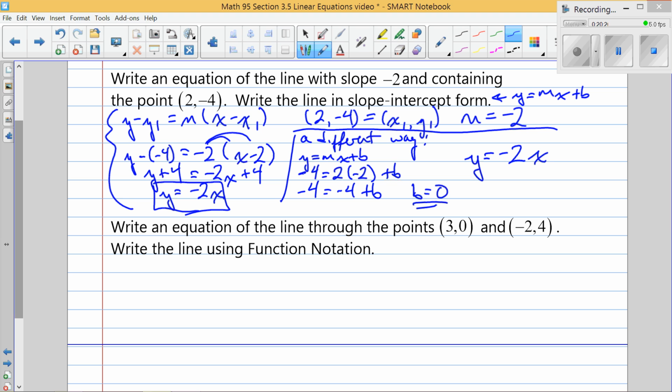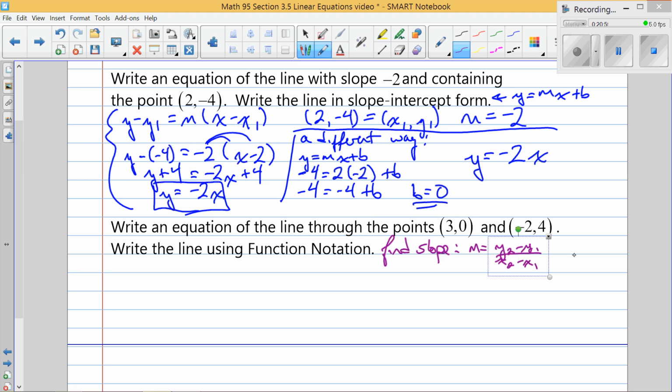The next thing we want to do is find the equation of a line through two given points. And I'm going to do this using point-slope form. But I don't have my slope. So the first thing I need to do is find my slope. So that's the m equals y2 minus y1 over x2 minus x1.